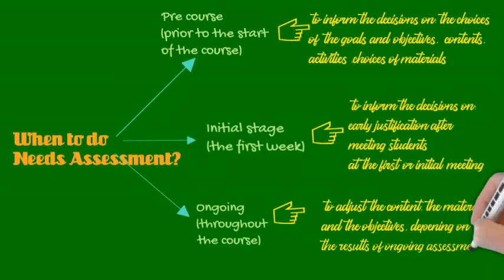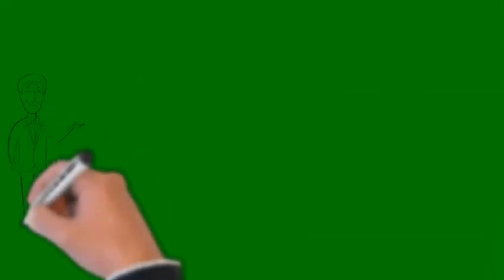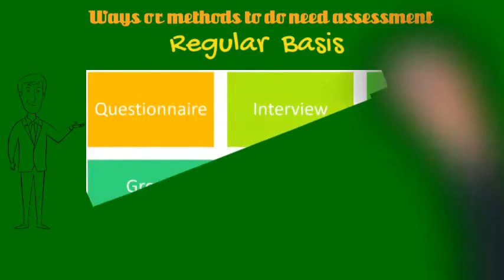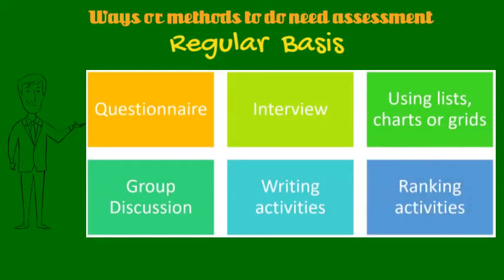Next, we'll talk about ways or methods to do need assessment. On a regular basis, to do need assessment you can use questionnaire, interview, using list, chart, or grid, or make group discussion, or writing activities, or ranking activities.